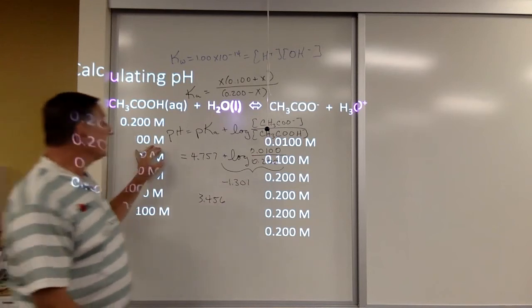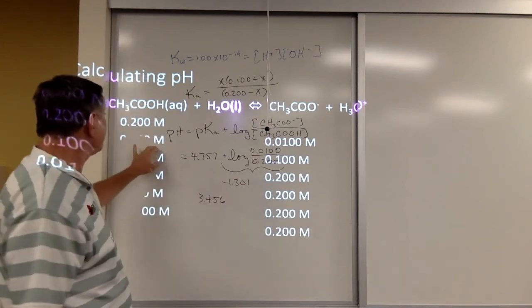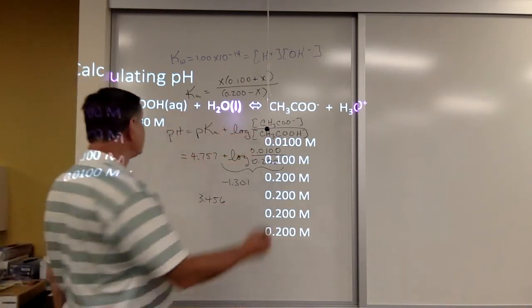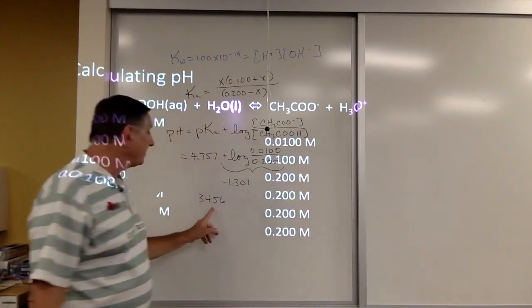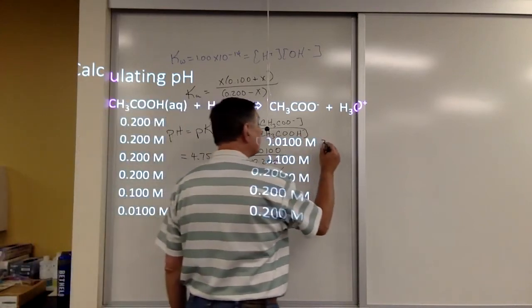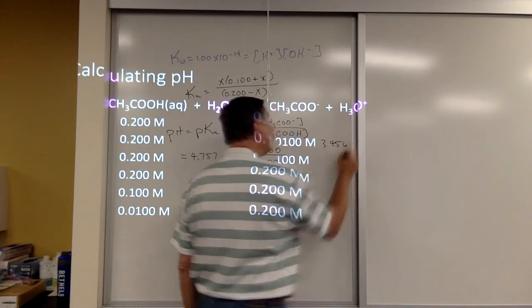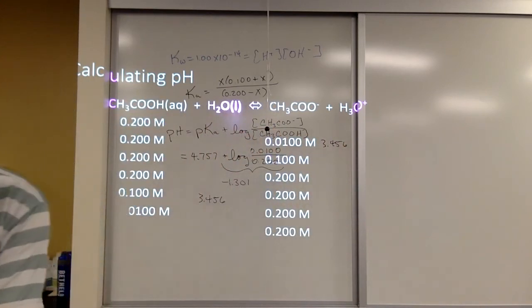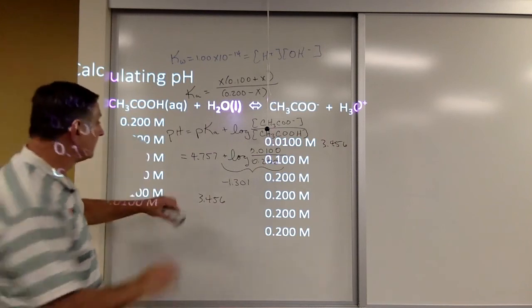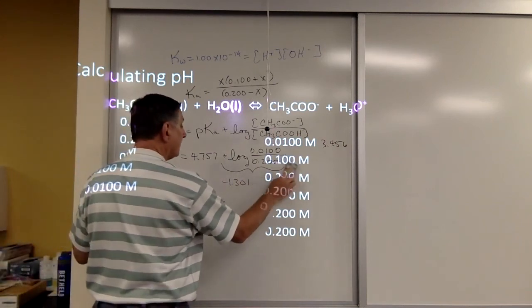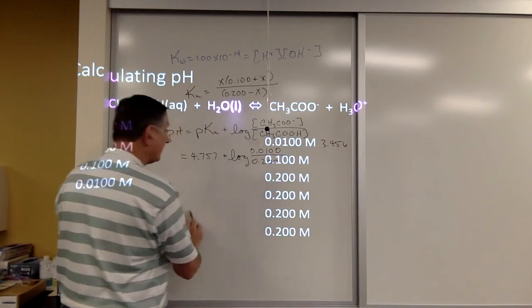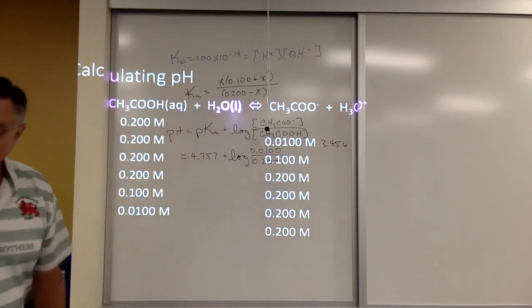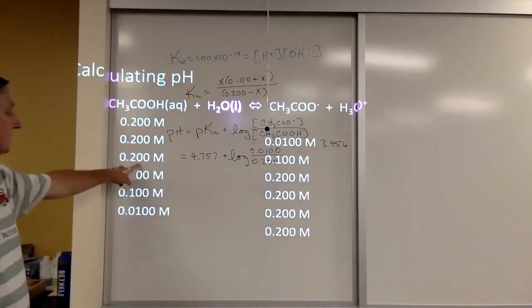So the pH right here, so what was the pH at the beginning? Well, we've already done the calculation, whatever that was. And now the pH here is 3.456. And this is a buffer solution. Okay. How does this change as we go to this system?